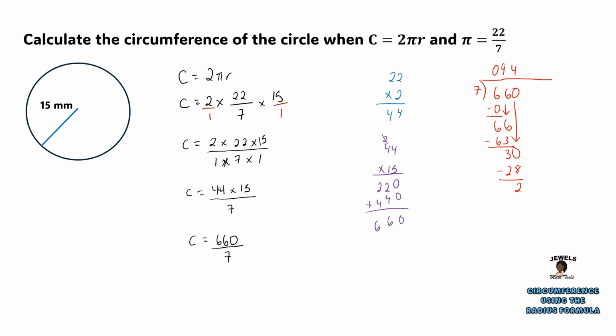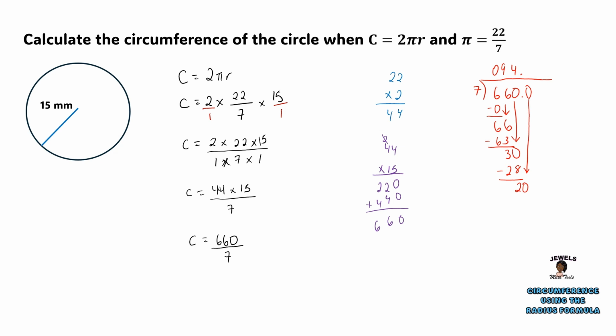Now that we're done dividing by all the digits in our numerator, we are going to add in our decimal point in our dividend and our quotient. And remember that we're working with measurements, so we have to get our answer as accurate as we can. So I'm now going to add in another 0. Bring down that 0, changing 2 into 20, and I will divide the 2 digits behind my decimal point before I stop.